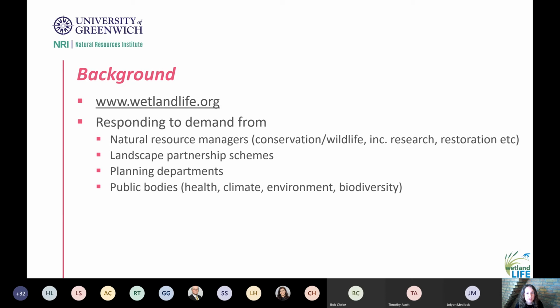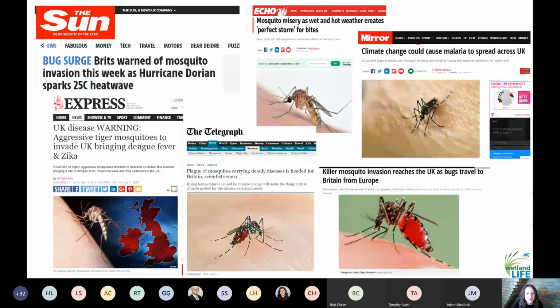During the project, we had maybe 4 or 5 separate inquiries from people working either in conservation or planning or landscape partnership schemes, where they were having inquiries from the public about the link between wetlands and mosquitoes.